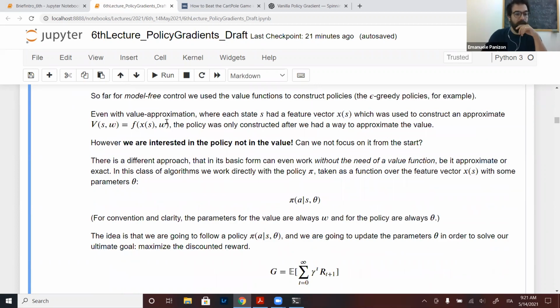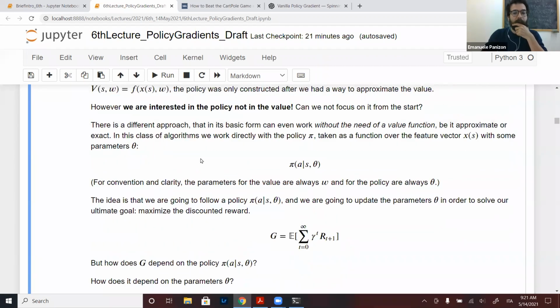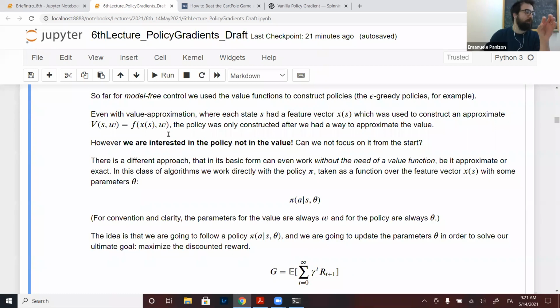Now we want something else. Instead of having a value and constructing the policy over the value, we want a policy which lives by itself, with some parameters theta. Before, we had some parameters w, which create a value approximation, and with that value approximation we created the policy.